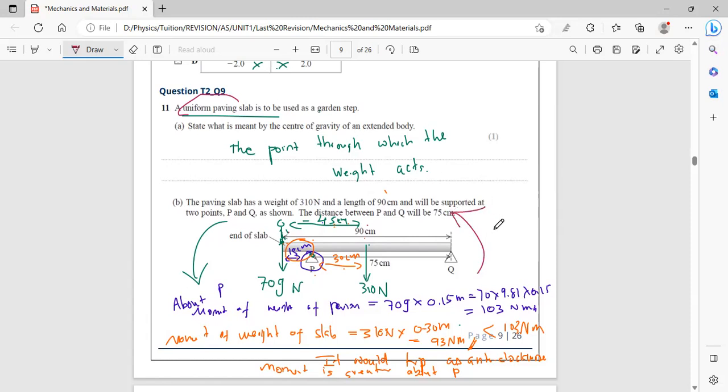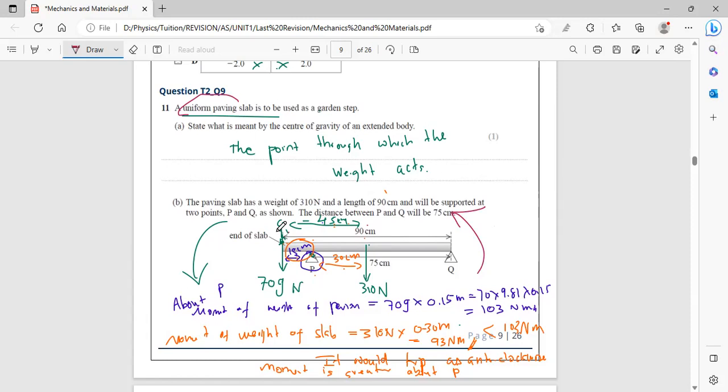this will rotate, the slab will rotate anti-clockwise. So it will move out from Q. Right? So the person produces an anti-clockwise moment.